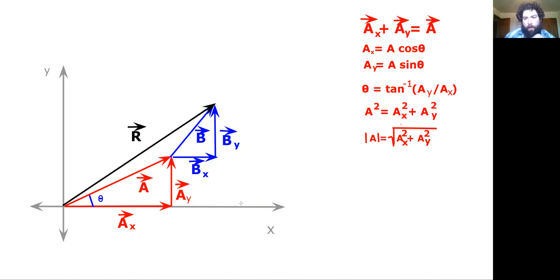If we want to figure that out, all we need to do is take all this, move it back down, and then we can also move the Y component over here. And we can see that we just add the two. It's really as simple as that.